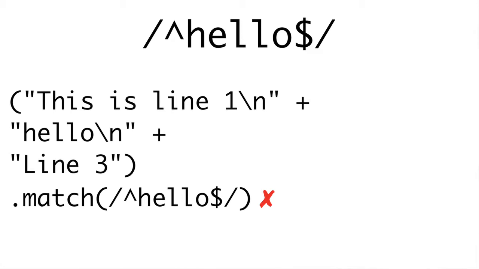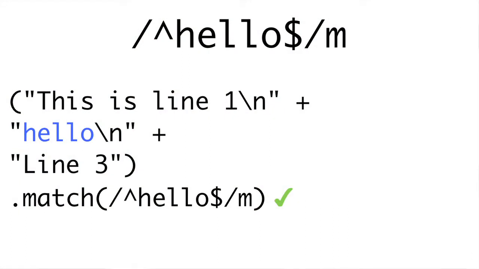And if we try to match on that, we're not going to get anything because that expression is saying that hello should be the entire string. However, if we add the m modifier, saying it's a multi-line string, it'll now match because hello exists on its own line. So the caret and dollar sign now mean that it's the beginning and end of a line in the string and not necessarily the entire string.